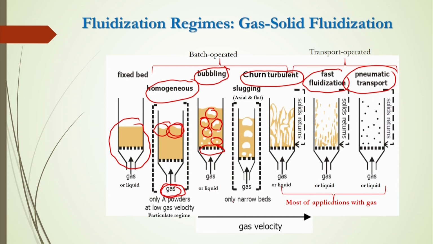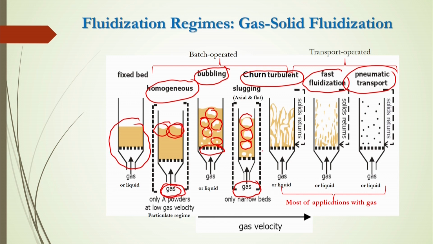And if you increase the gas velocity a little bit more, bigger bubbles will form, and they go up through the center of the bed as large bubbles. These large bubbles are sometimes almost equal to the cross-sectional area of the bed, that is, the bubble diameter equals the diameter of the bed.